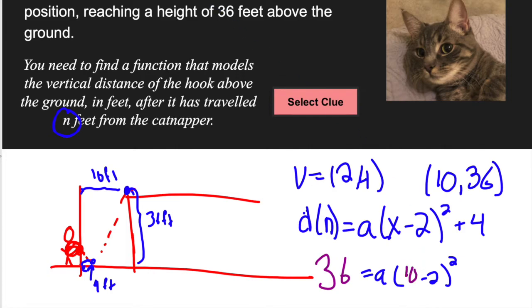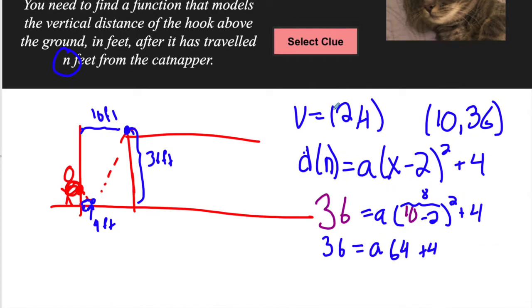So that ensures that the graph travels through 10, 36. So what I've got here is I've got 36 equals A. So this is 10 minus 2, which is 8. And 8 squared is 64. And we could really call this 64A. Doesn't really matter the order that you do it in.